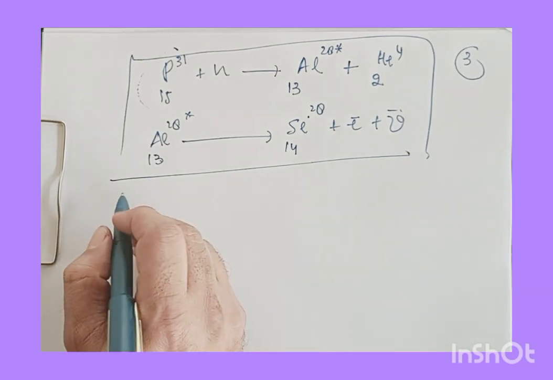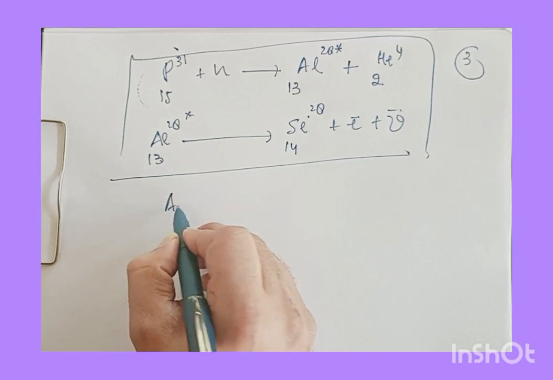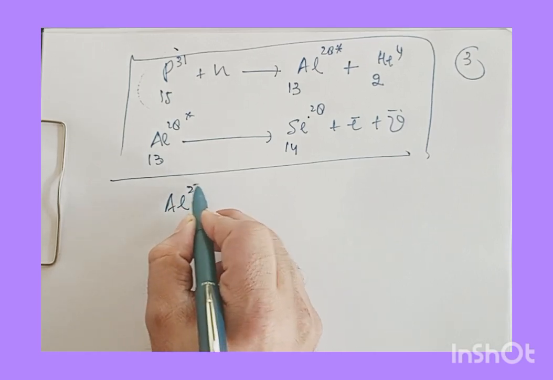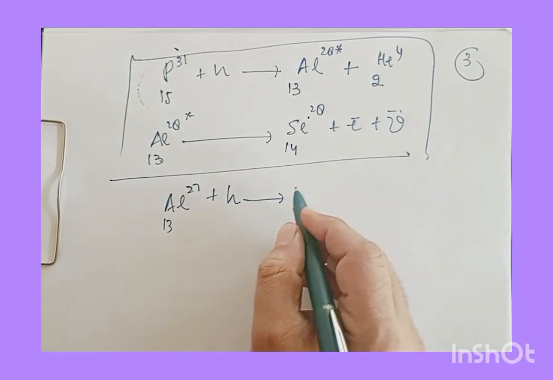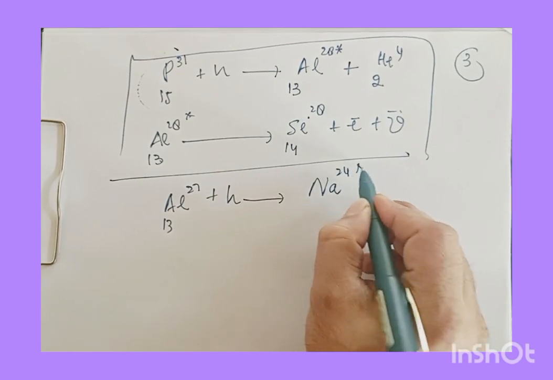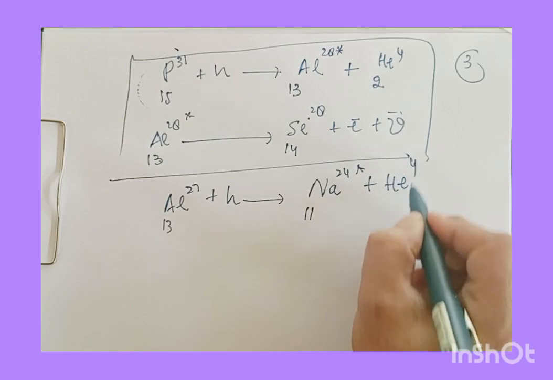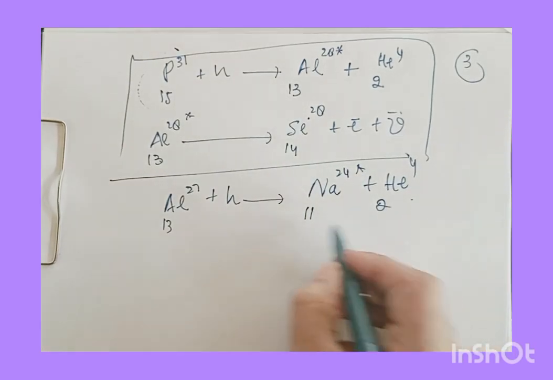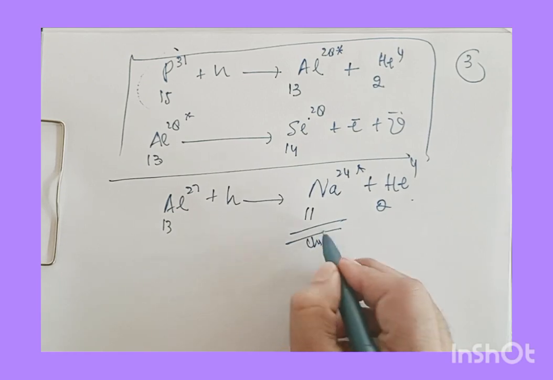And we can take another example, that of aluminum. We have aluminum 27, 13, and we hit it with a neutron. It turns into sodium 24 star, 11, plus an alpha particle. This Na 24, 11 is unstable.